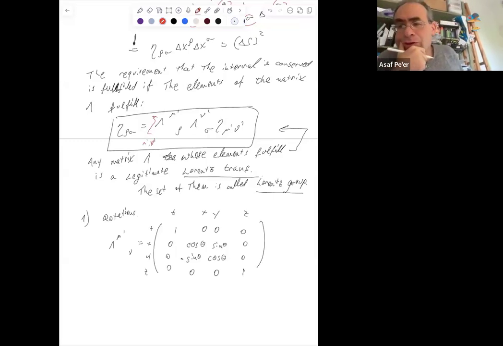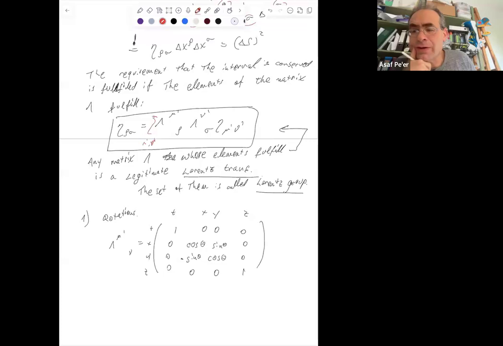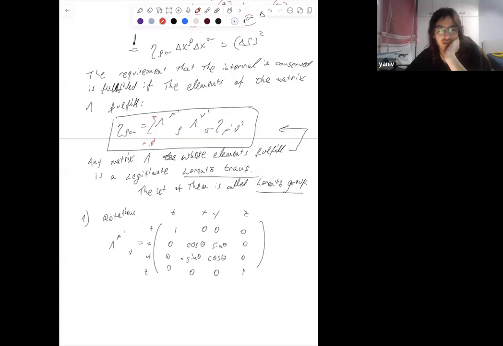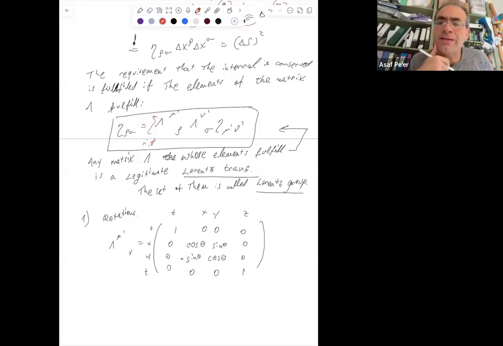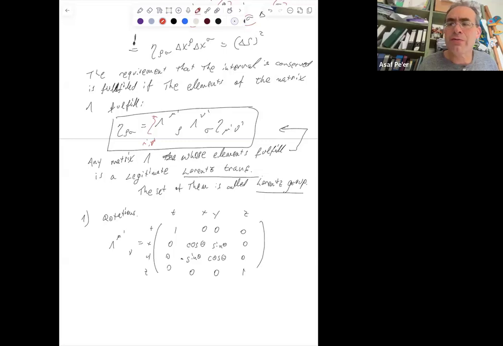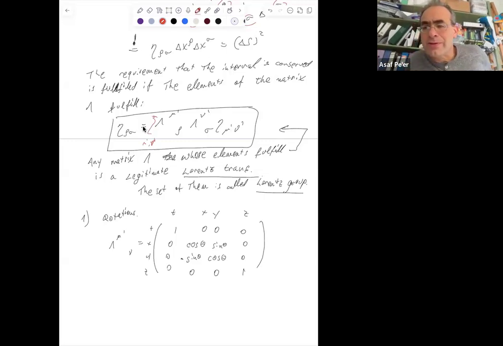So how many total terms are there in the right-hand side of each of the equations? 16. So we have 16 equations, and each one contains 16 terms. It's a very compact form, but really it hides behind it many, many terms. Because of the simple structure of the eta matrix, which is mostly zeros, most of these terms are 0, so we don't really care.